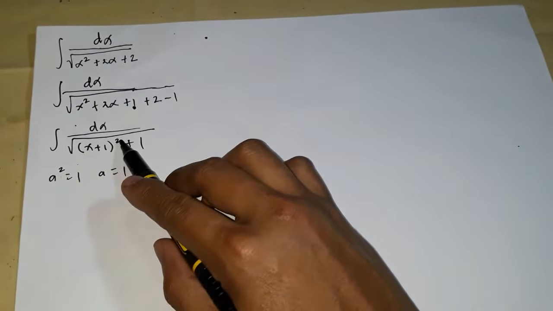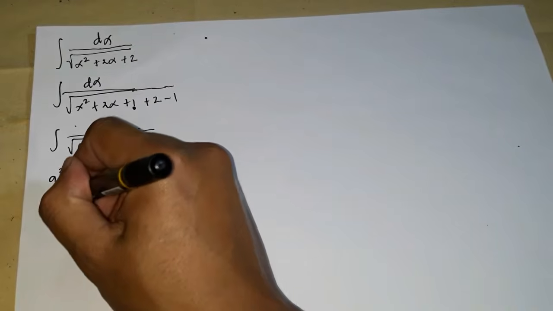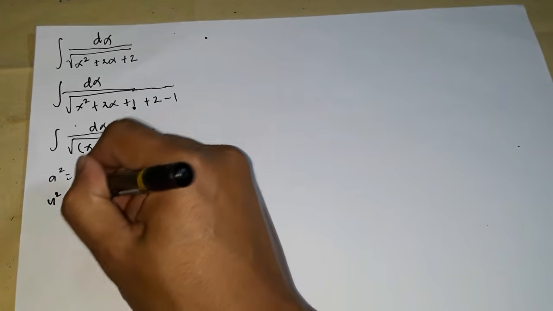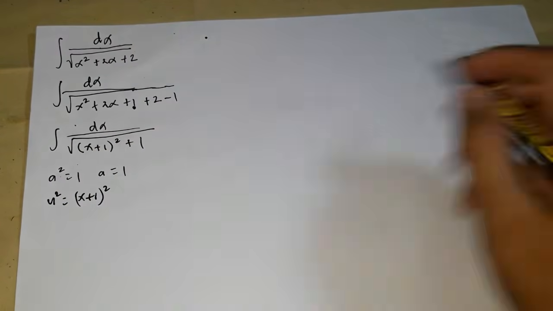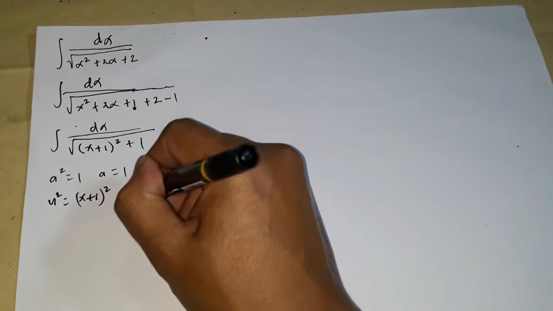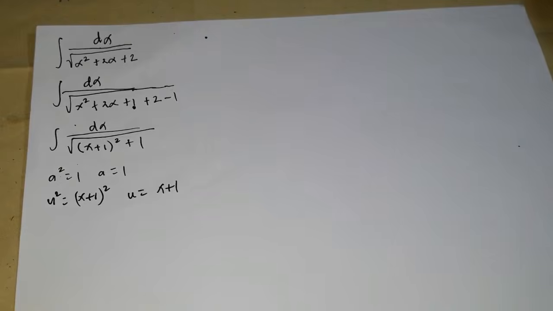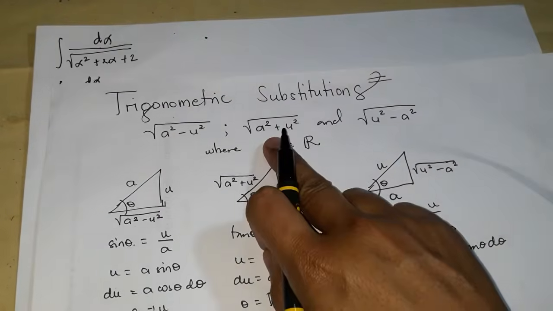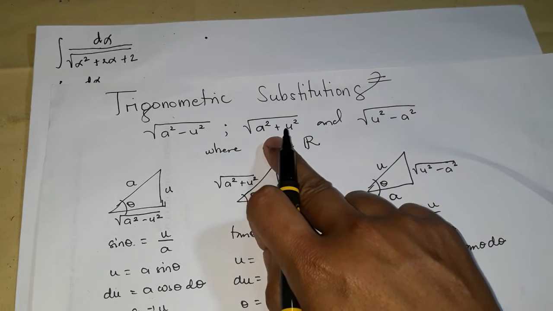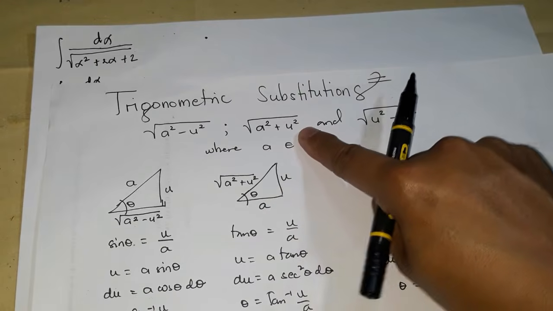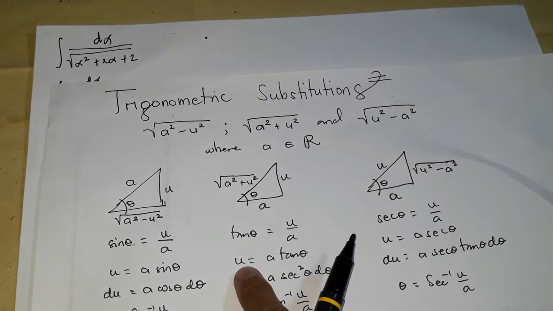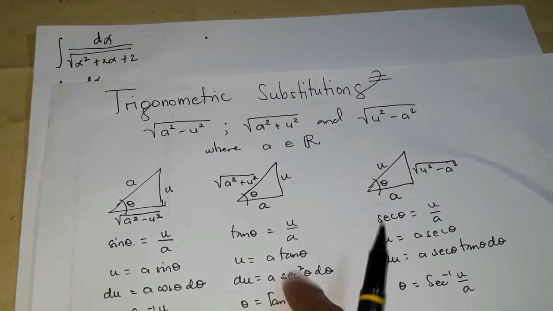And then x plus 1 squared will be your u squared, and this means that your u is equal to x plus 1. So looking at our form, when your integrand contains the square root of a squared plus u squared, the substitution that we're going to use is u equals a tangent theta.